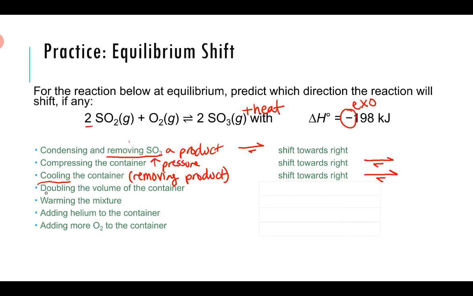Next up, we have doubling the volume of the container. So doubling the volume of the container is going to make my pressure drop. And so that's going to have the opposite effect than increasing the pressure did. So that's going to shift my reaction towards the left.